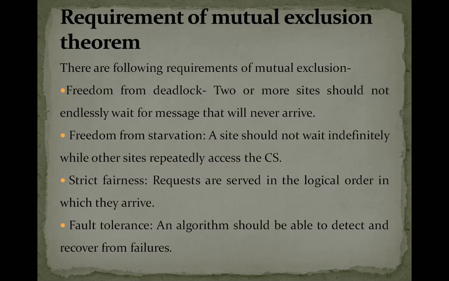The first drawback is the single point of failure, the control site. Second, the control site is likely to be overburdened with extra work. And one more problem is that the communication link near the control site will be congested, and it can become a bottleneck also.